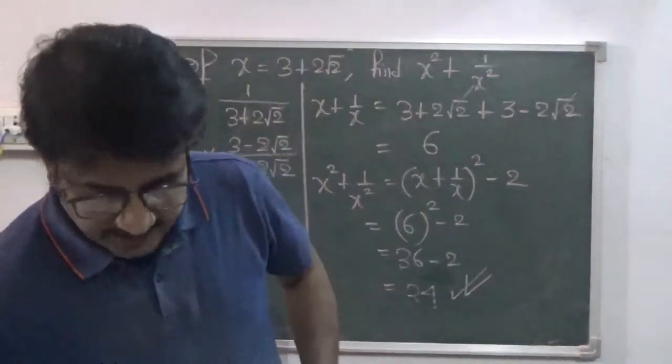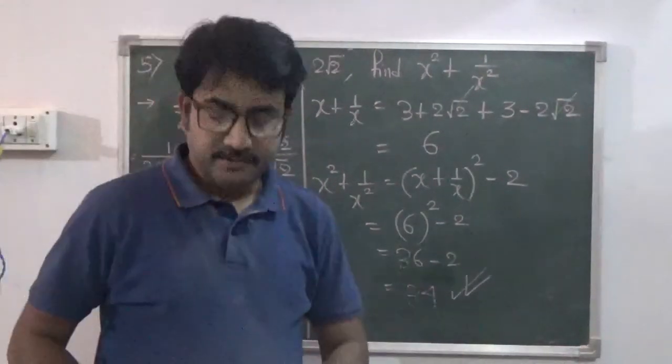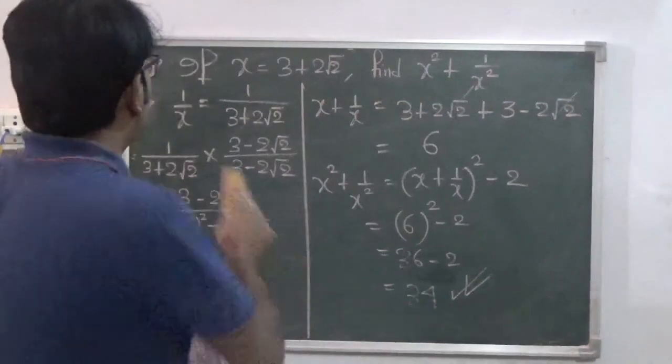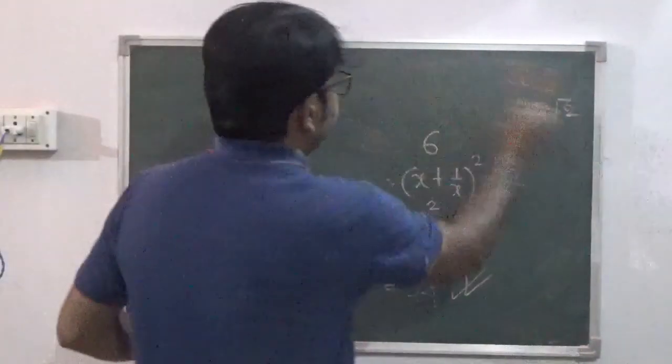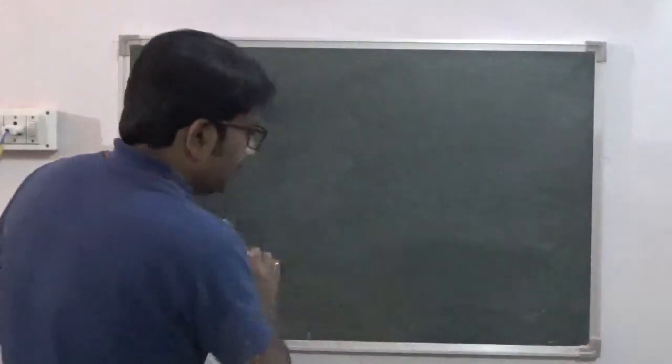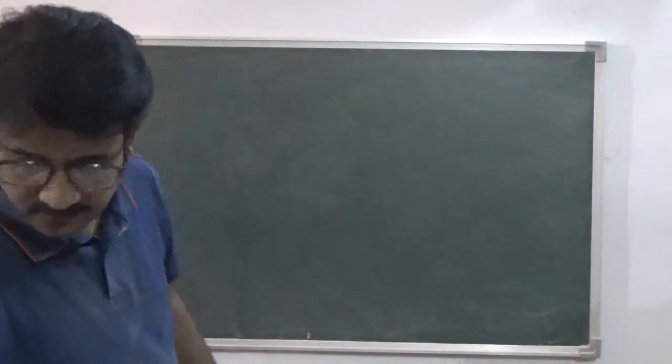Okay, now the next question we are going to deal with is also rationalizing the denominator. Let us write the question first on the board. A little different, but let us first see the question.